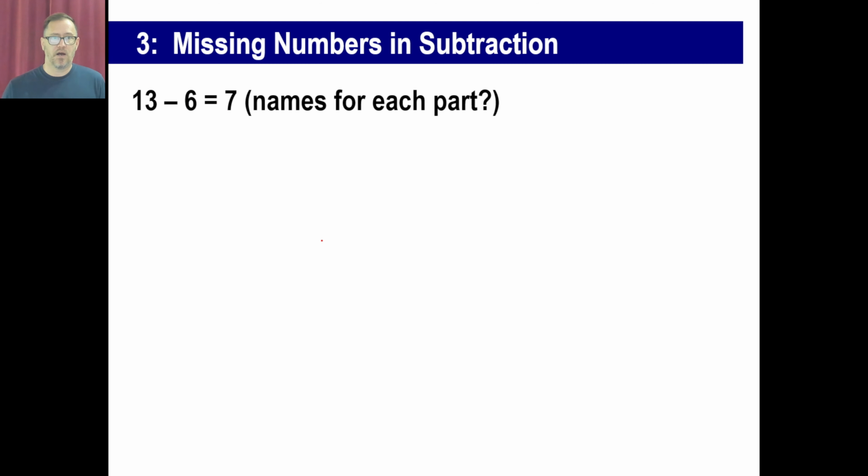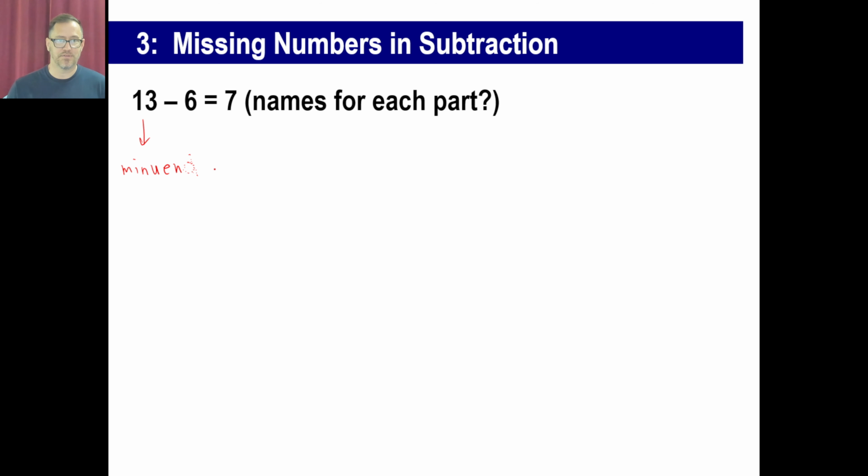Okay, all right, let's go back to these subtraction problems. 13 minus 6 equals 7. What are the names for each of those parts? Remember, there's one part. This is called the... I'm not going to give it away. I'll give you a partial clue. If you connect the dots, that'll give you the letter D. Oh, yeah, it's a minuend.